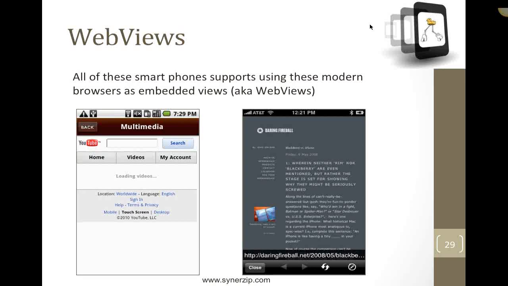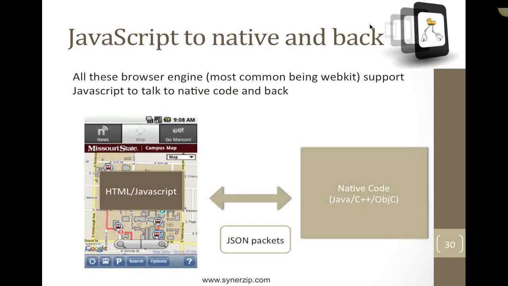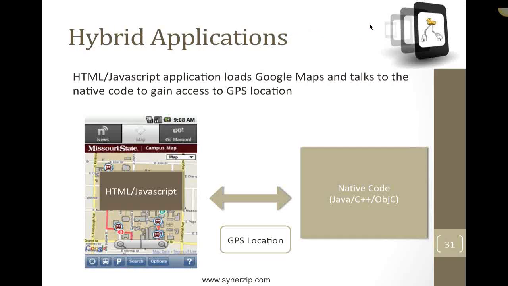Surprisingly enough, all these browser engines, most common being WebKit, support JavaScript in the WebView talking to the native code and back. So here's an example of that. I have a WebView and I am showing an HTML page which has Google Maps in it.